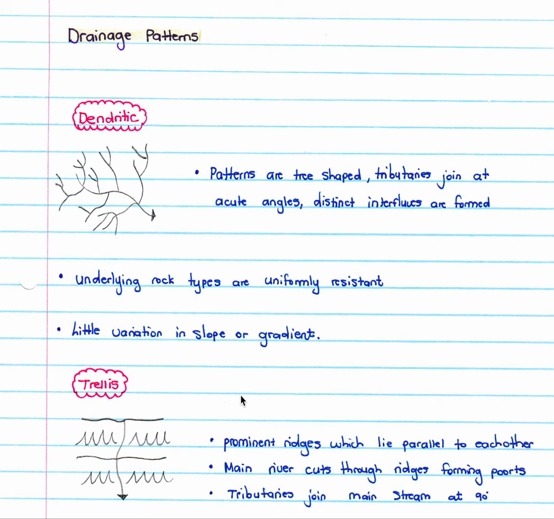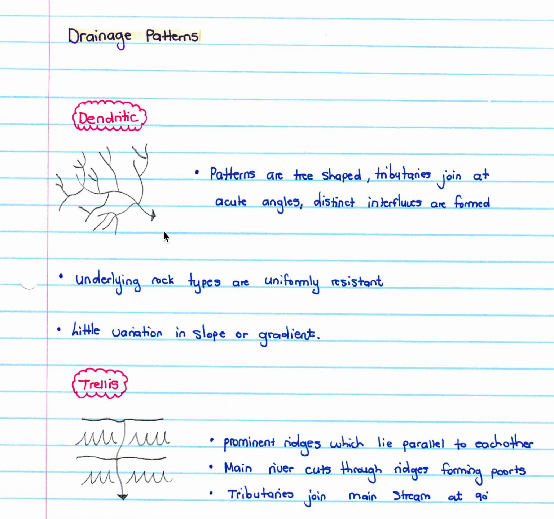They'll give you an image of a drainage basin and ask you to identify the drainage pattern, or they may ask you to indicate certain aspects of each drainage pattern and the characteristics that go along with that pattern. So firstly, we look at a dendritic pattern, which is shown by this drawing over here.